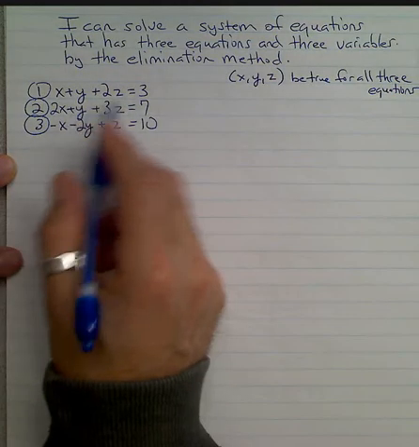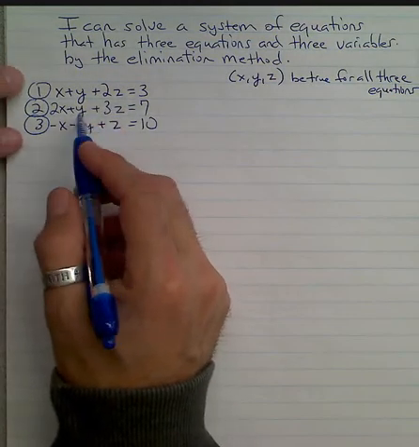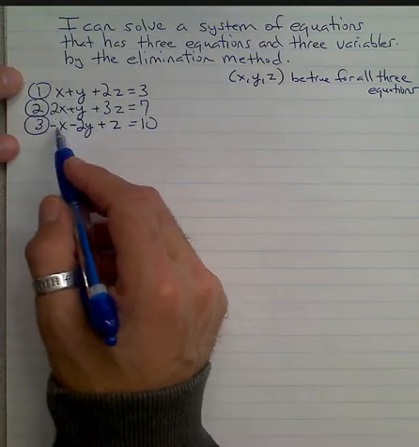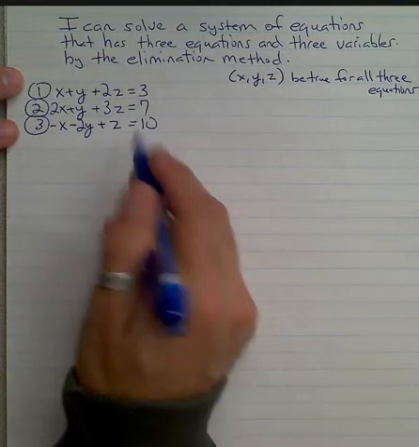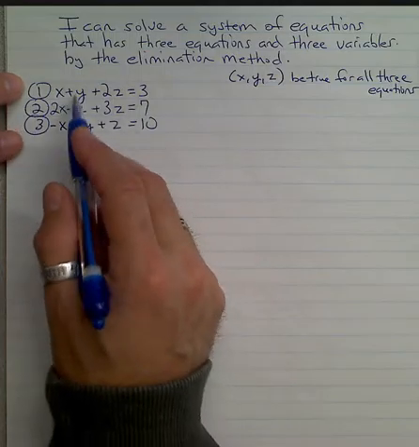Upon looking at these equations, I notice positive x's and negative x, positive y's and negative y, all positive z's. I'm going to decide to get rid of the y's.